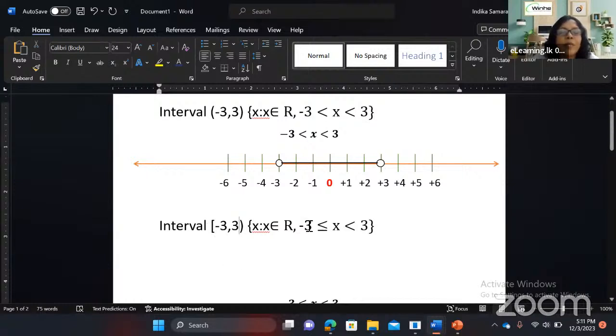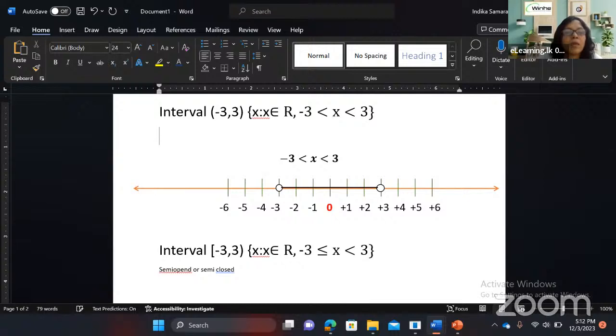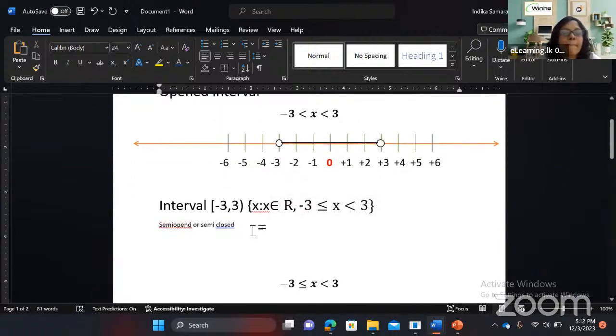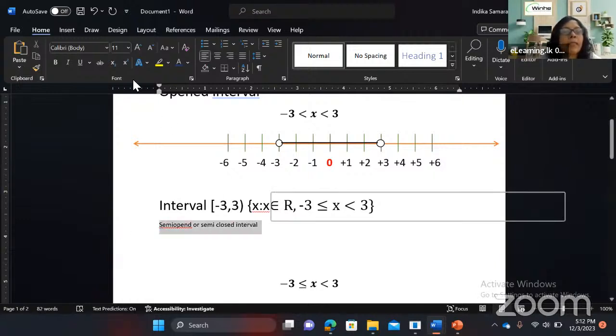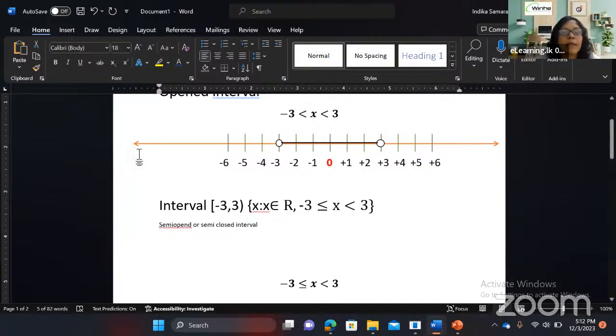Here it is a semi-open interval, and this is an open interval, right?